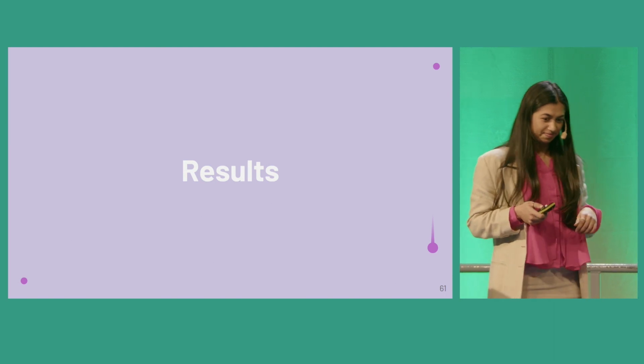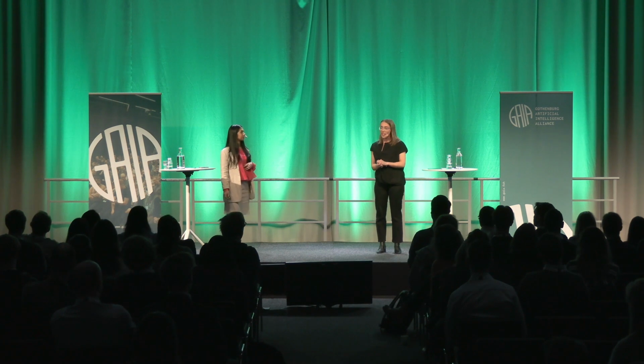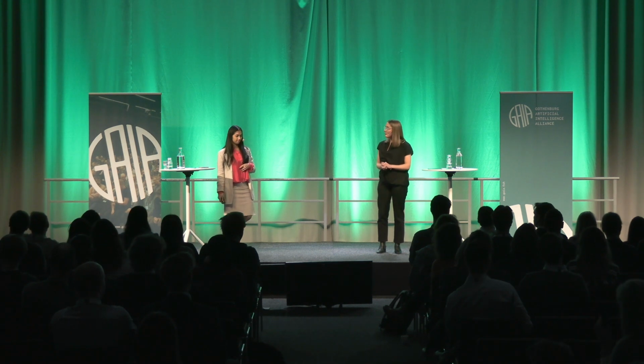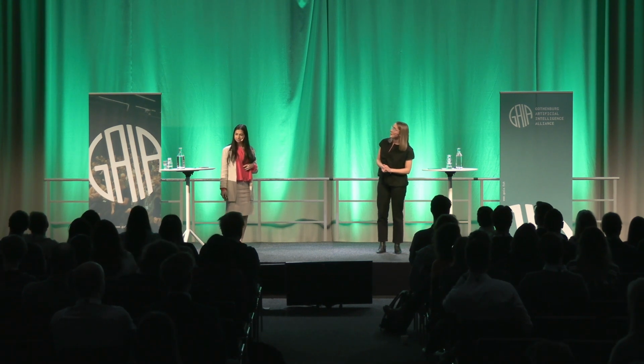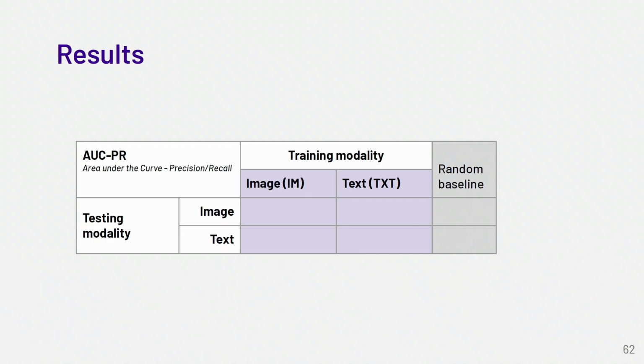All right, so now it's hopefully clear what experiments we have conducted and why, and we can finally look at the results. Here we see a little table which we'll fill out with the results. I'll start by mentioning that we measure the performance in both experiments with the area under the precision recall curve.